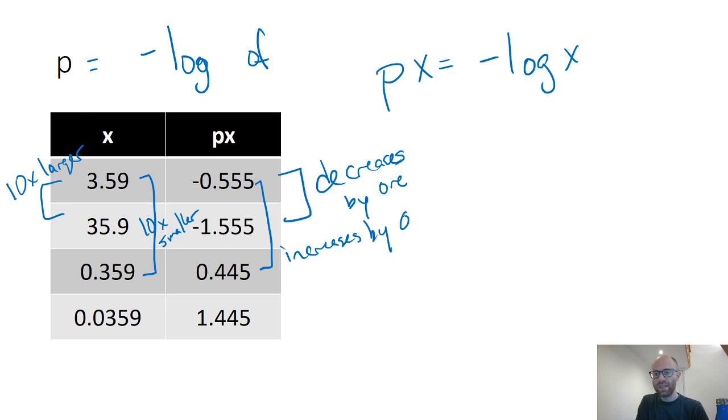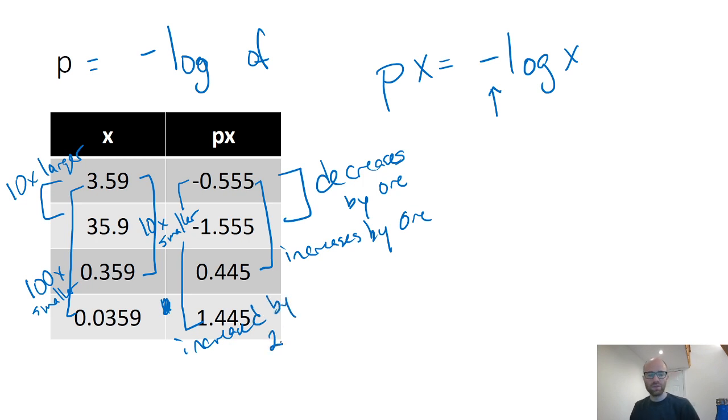And the reason you see that is because there's this negative here. If the x value gets 100 times smaller, the p value increases by 2. So for every power of 10, it's 1 unit.